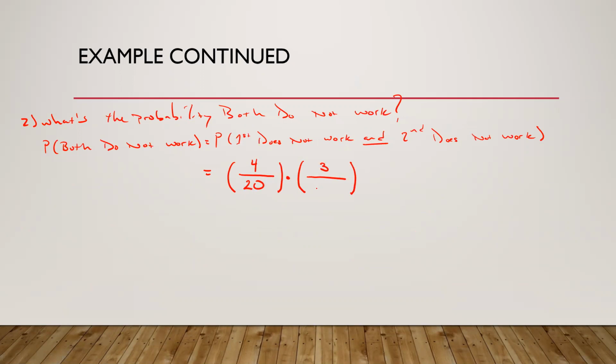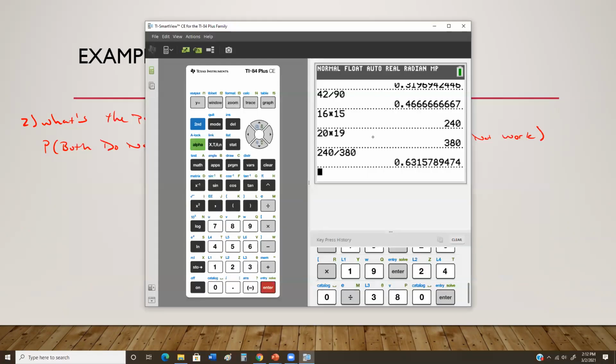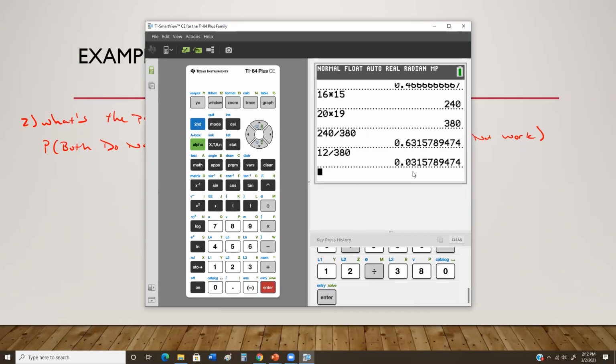And how many total ones are left? So this just becomes 4 times 3 is 12, over 20 times 19 is 380. It's only like 3%. A very, very small probability.